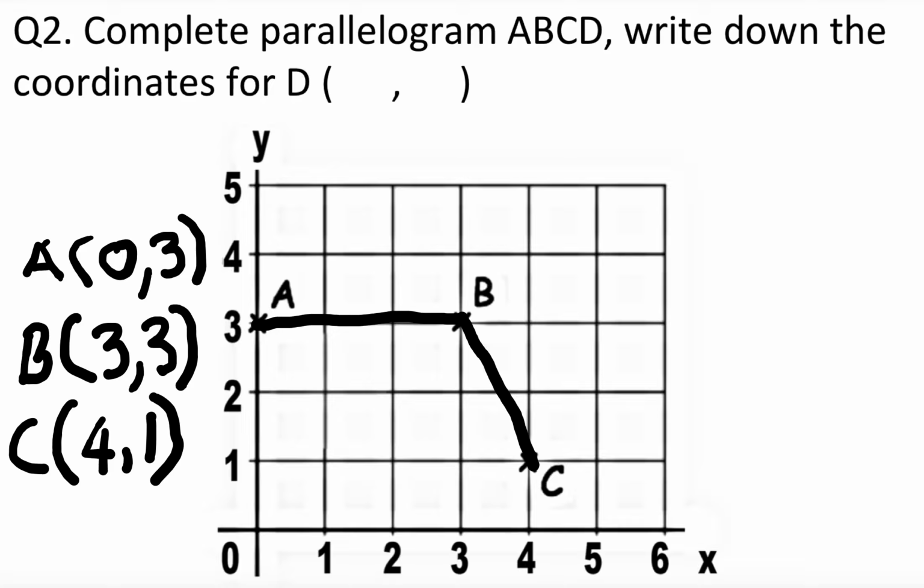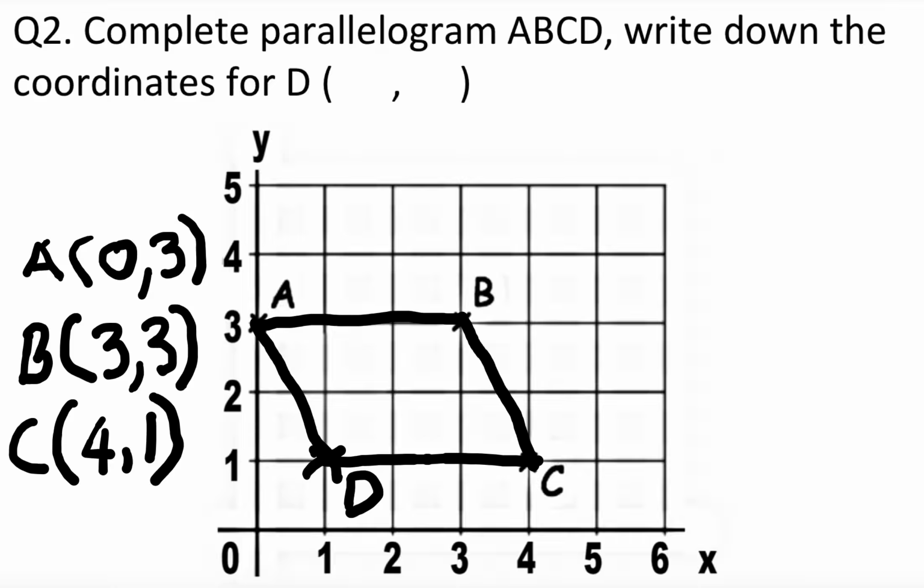So I reckon if we put a coordinate there and we draw the line down, that looks like the parallelogram that we want. So that would be D. So the coordinate would be 1, 1 along and 1 up.